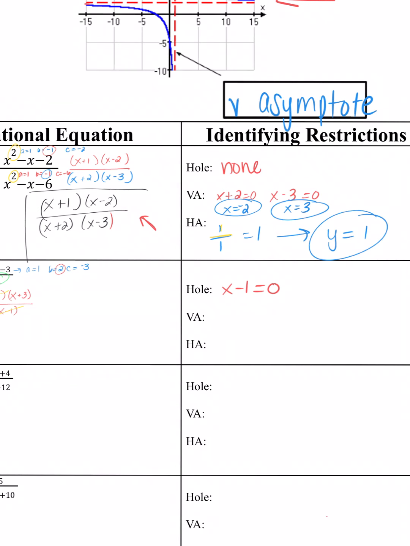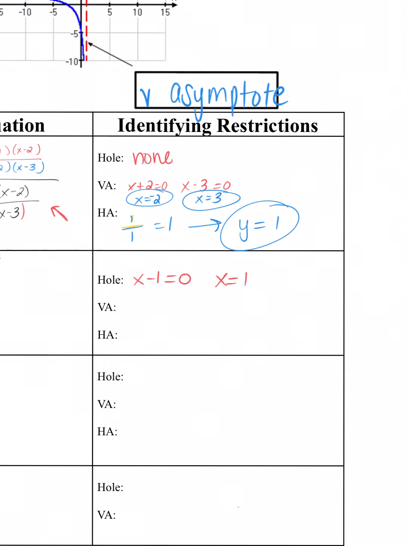And I'm going to use the zero product property. So if I have x minus 1 equals 0, I'm going to solve using the zero product property, and I get x equals a positive 1. But remember, I want it in the form of x, comma, dash. And in this case, my x is 1. So I'm going to replace x with 1 and leave my dash.